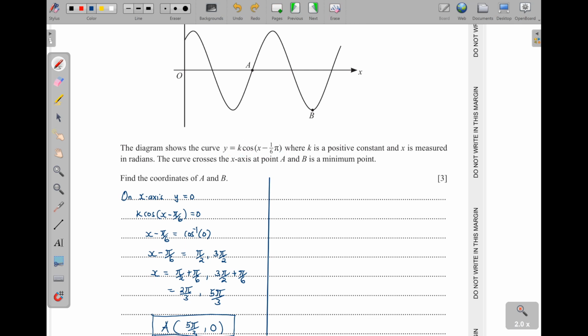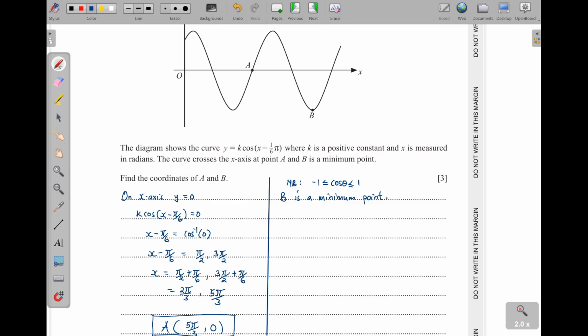But also, we know that cosine does not go beyond -1, and neither does it go beyond 1. So its maximum is 1, its minimum is -1. So B is a minimum point.